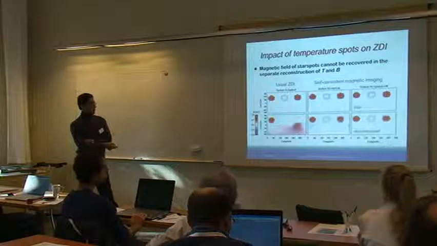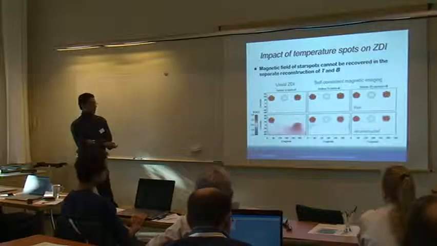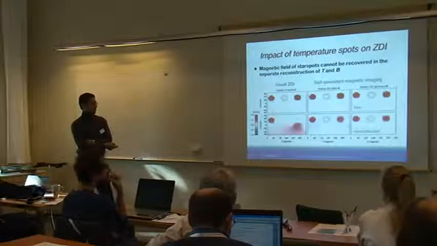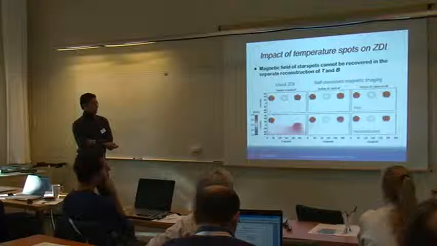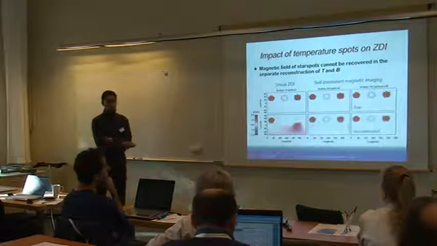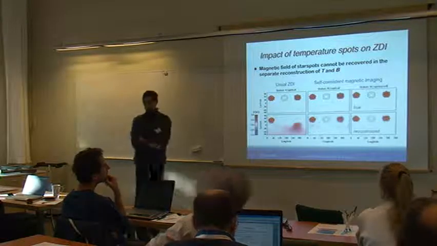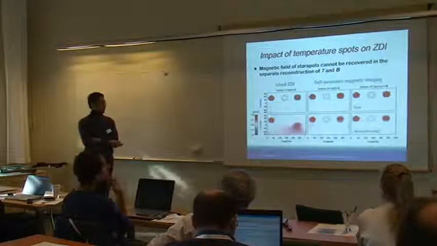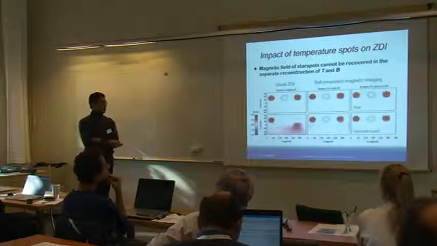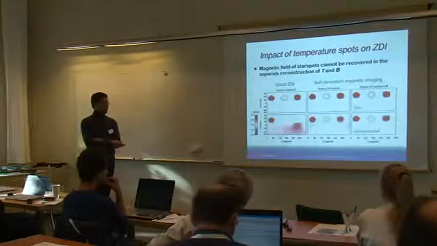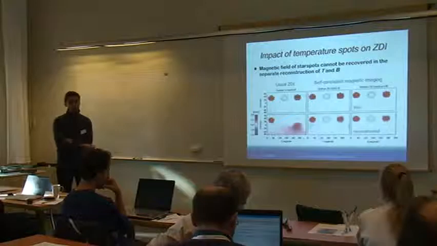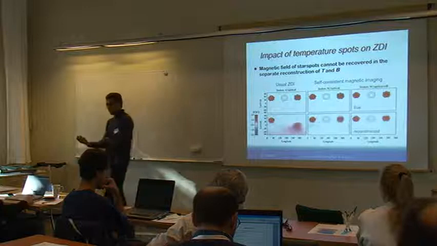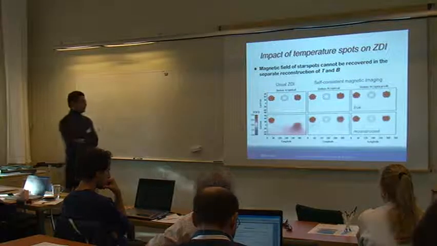What you see on top are true maps of magnetic field, shown with the color red, whereas contours show temperature spots with a contrast of 1500 K. So there are 3 spots. In one case it's purely a magnetic spot, in the second case it's purely a temperature spot, and the third case is the combined temperature and magnetic spot. Presumably this is the most realistic situation that we should encounter in real stars.